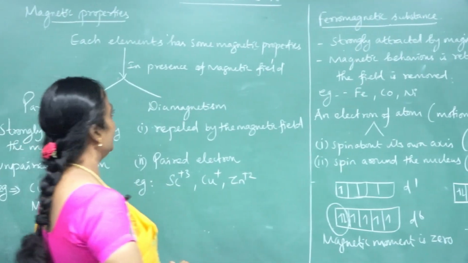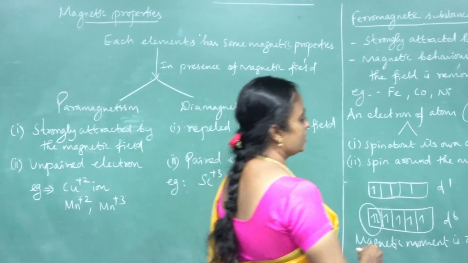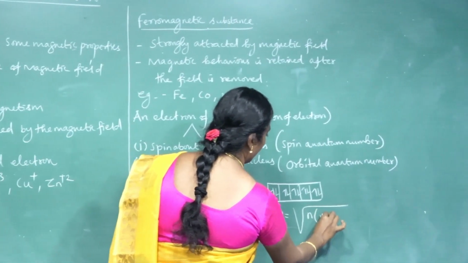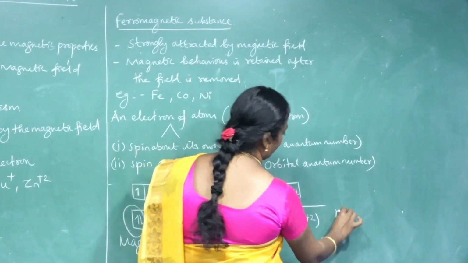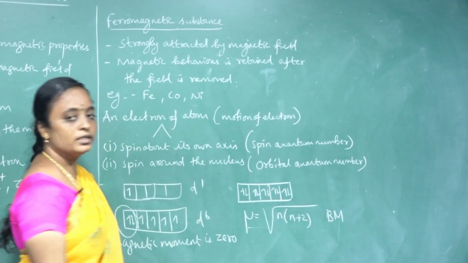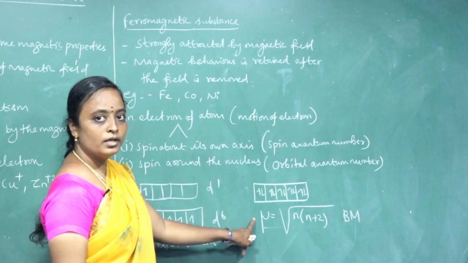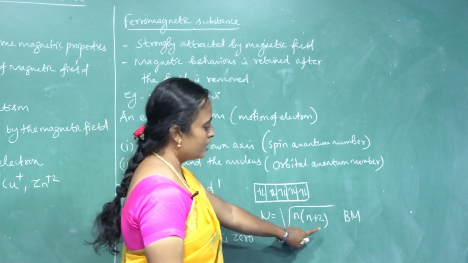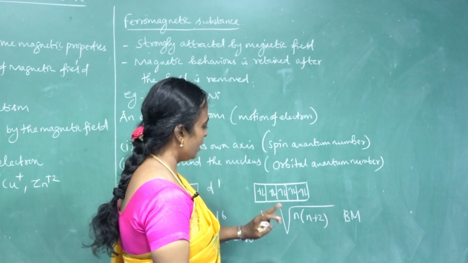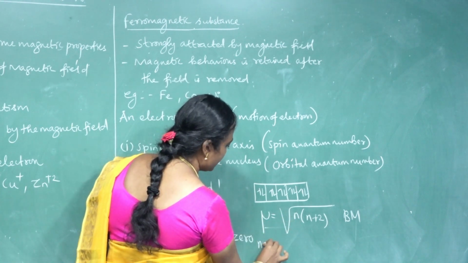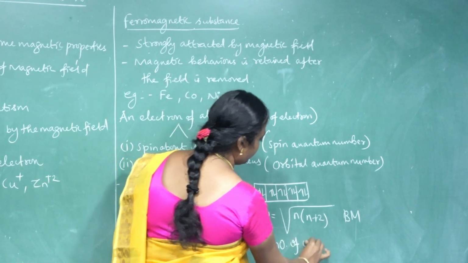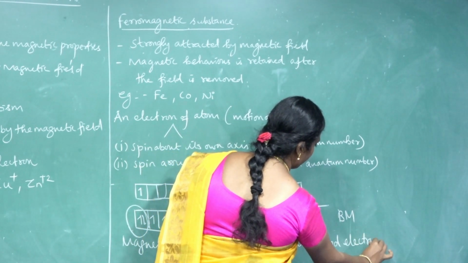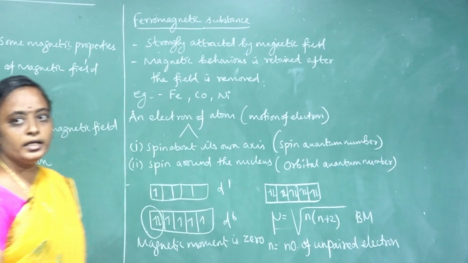The magnetic moment value can be calculated by the formula mu = root of n(n+2) Bohr magnetons, where n represents the number of unpaired electrons.